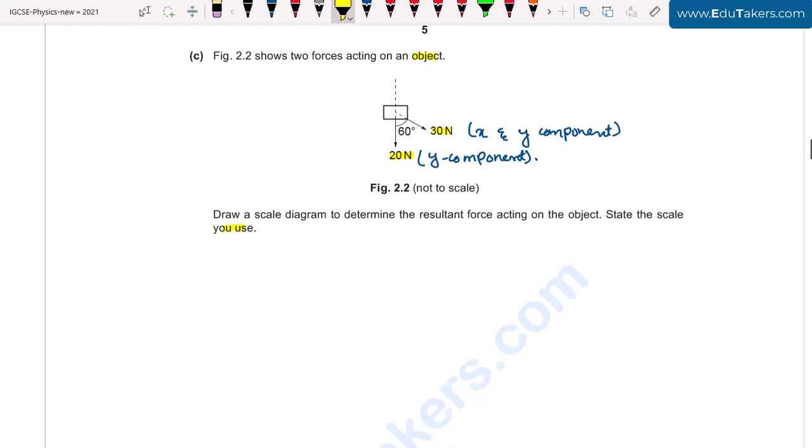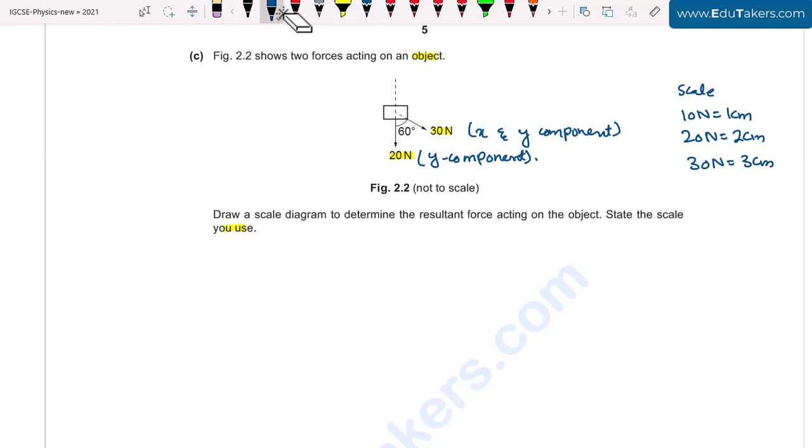So here we have to draw the resultant force, that is the resultant of 20 Newton and 30 Newton. First of all, I use a scale. 1 Newton equal to 1 centimeter, or even 10 Newton, is too small a scale, so I let 10 Newton be equal to 1 centimeter. Here we have 20 Newton and 30 Newton, so 20 Newton will be equal to 2 centimeter and 30 Newton will be equal to 3 centimeter.